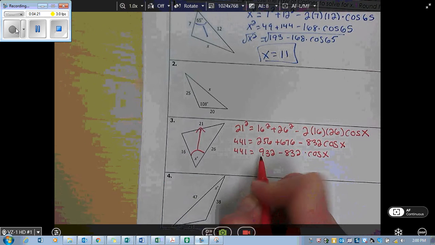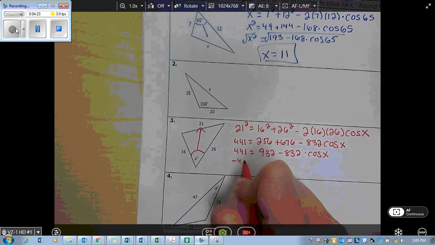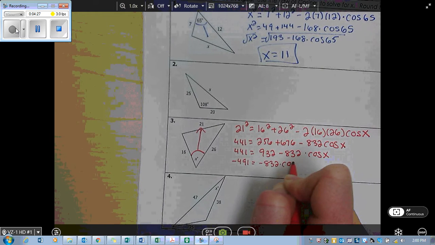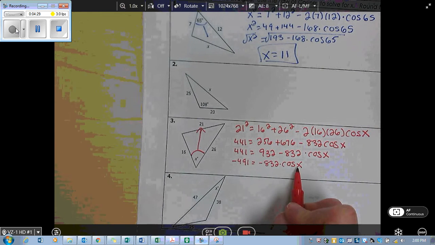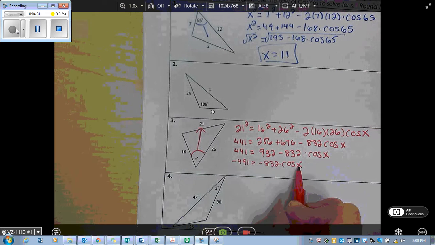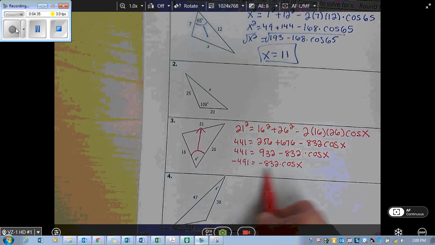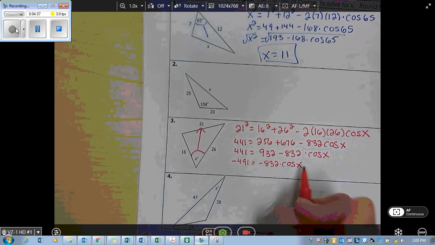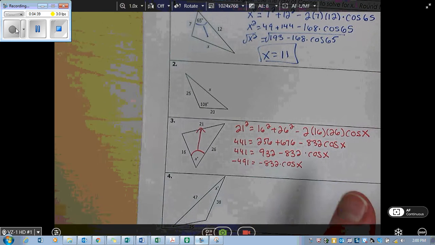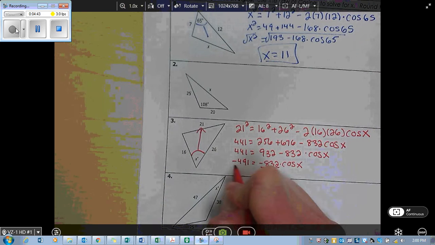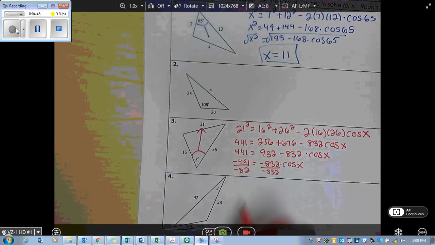So I'll subtract that 932 and get negative 491 is equal to negative 832 cosine X. Now just like before, the X has to do with the degree measure, and that's what always goes with that cosine. So I can't just divide by negative 832 cosine because it's going to want that X part. It's going to want some degree measure. So I want to divide by this negative 832 first.